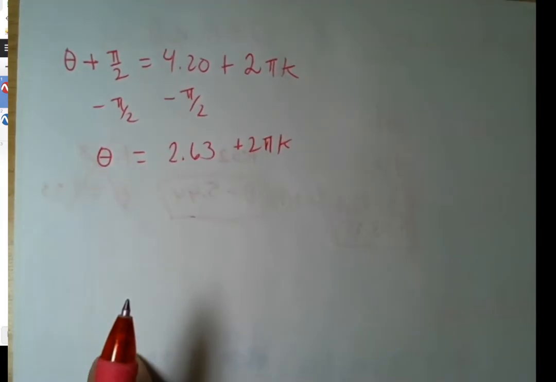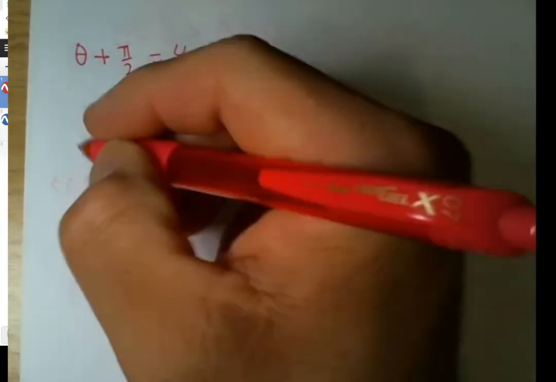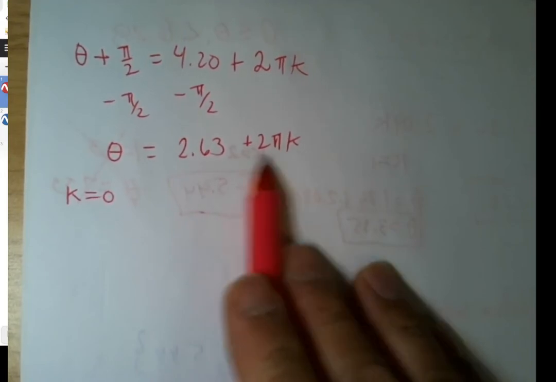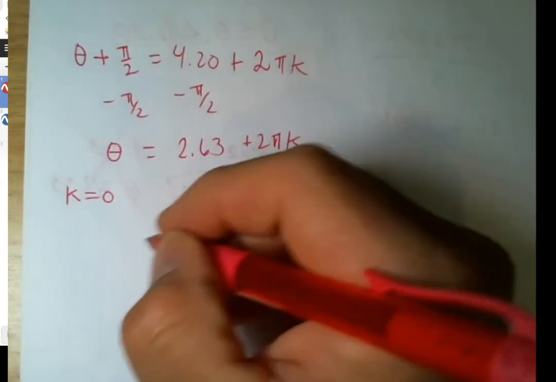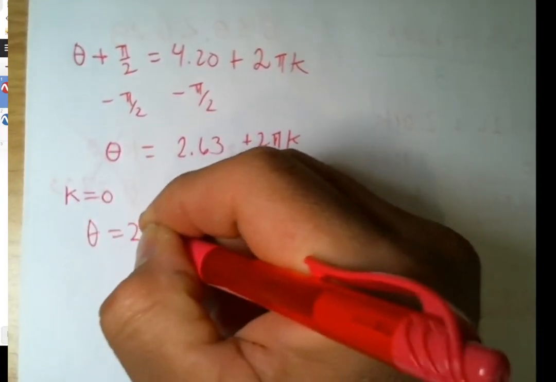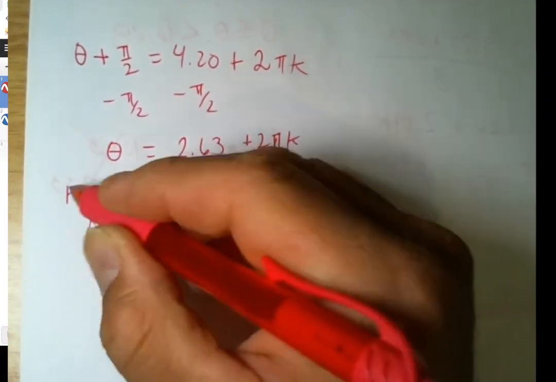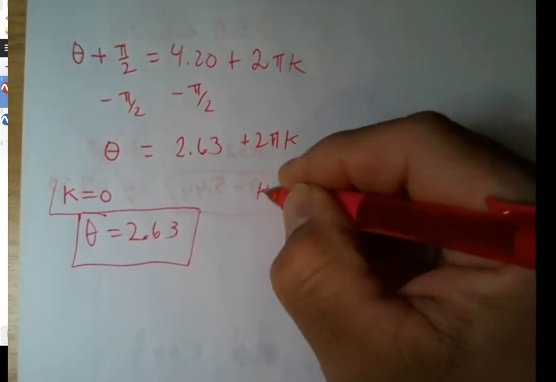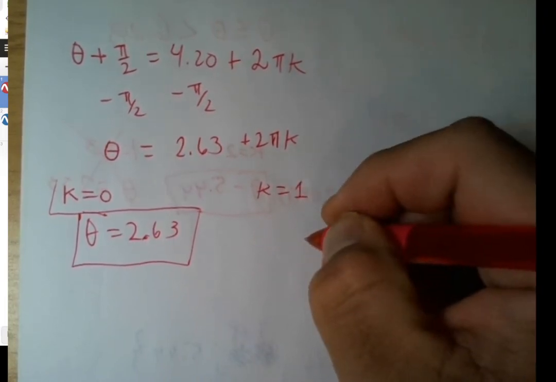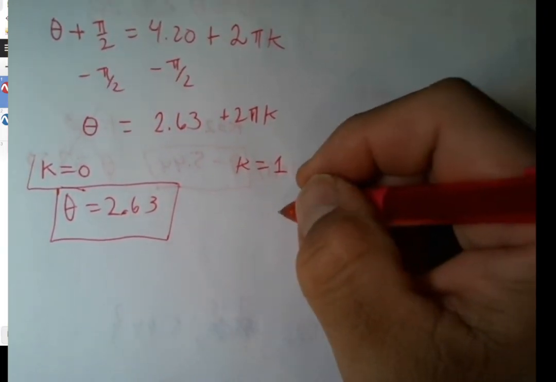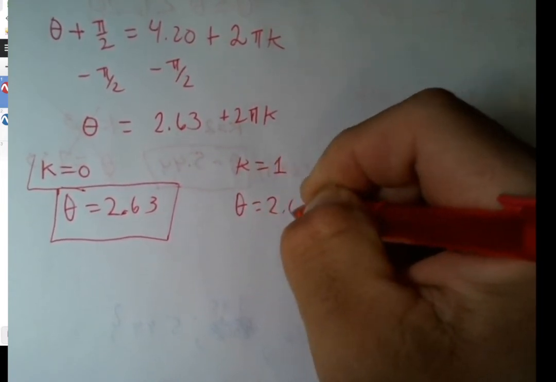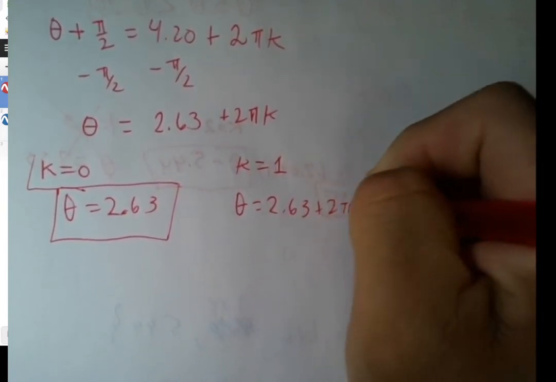So let's start with non-negative values, starting when k is equal to 0. That's an easy calculation right there. That should be 2.63, and that's well within our range. So that one is good. And I got a feeling k equals 1 is going to be outside our range here, but let's plug it in just so we can be sure.